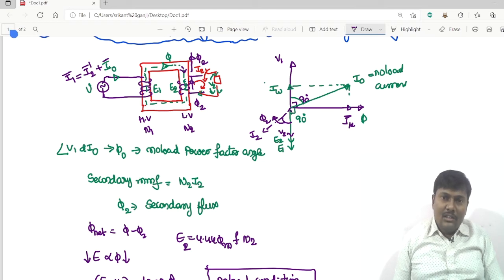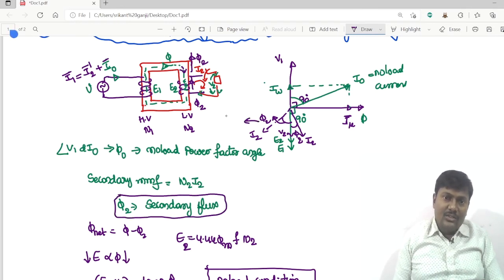For a leading load with respect to V2, I2 leads at an angle of phi 2. Okay, here phi 2 was called the secondary flux, but here this phi 2 is called the secondary phase angle.